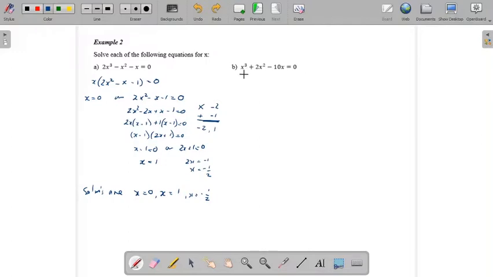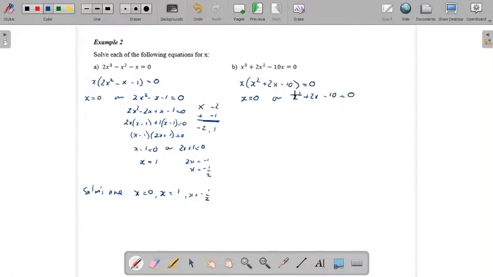We can see there's a common factor of x here, so we've got x outside of x squared plus 2x minus 10 equals 0. Then using the null factor law we have a solution of x equals 0, or x squared plus 2x minus 10 equals 0.